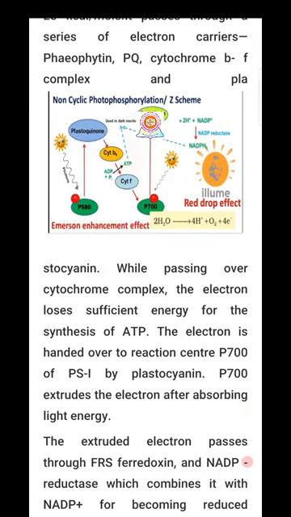The electron is handed over to reaction center 1, that is P700, by plastocyanin.